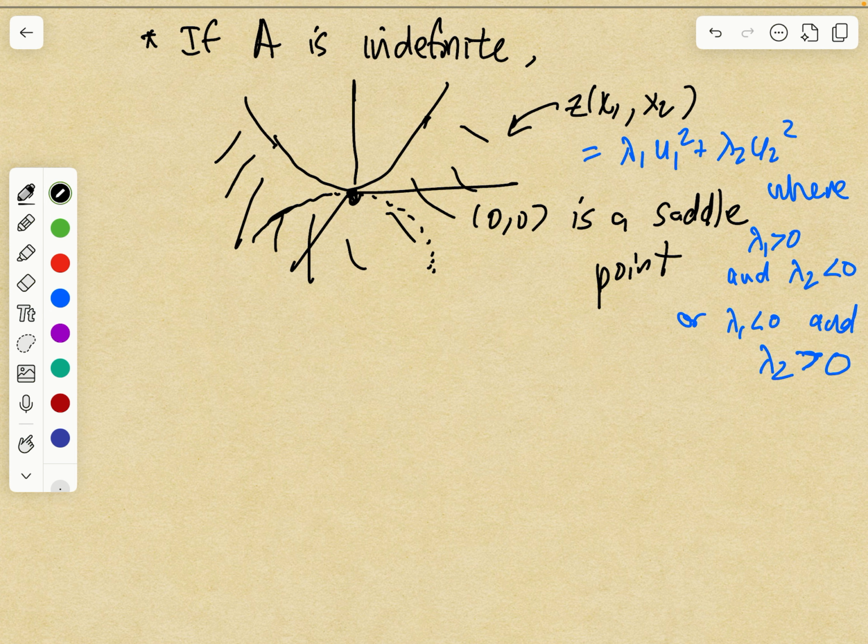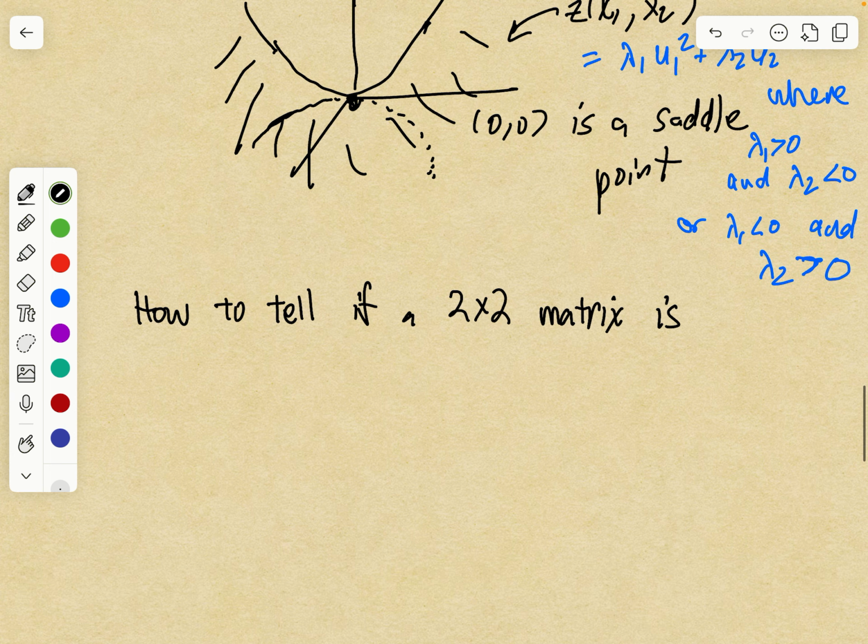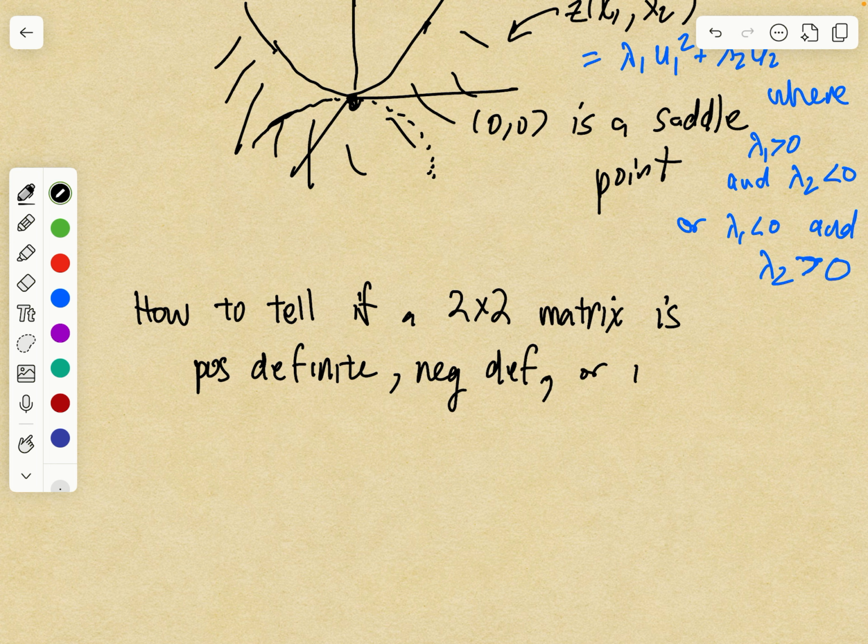Alright, so let's take a look at how to tell if a matrix, we're going to stick to a 2 by 2 matrix, is positive definite, negative definite, or indefinite, without finding the eigenvalues.